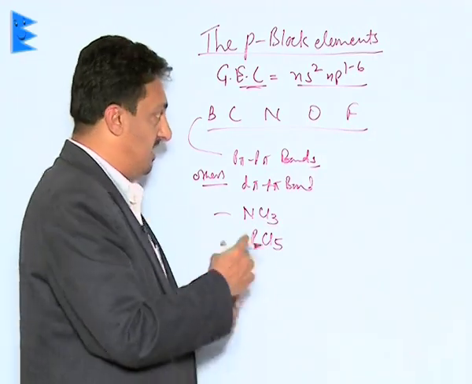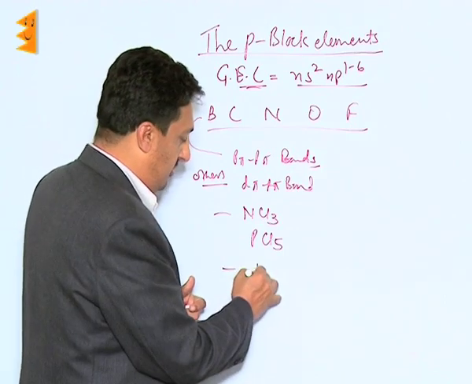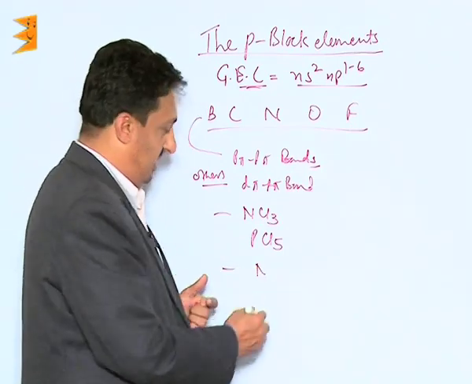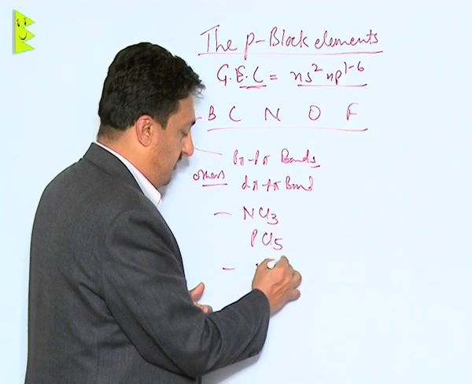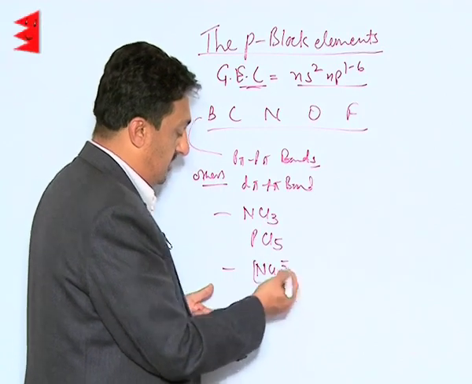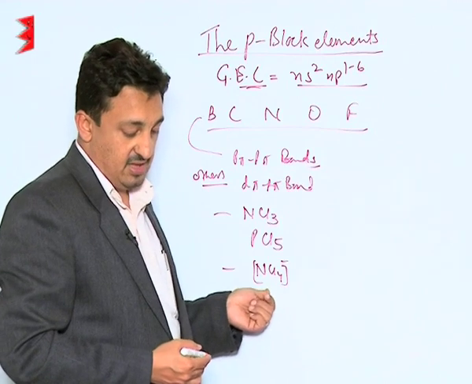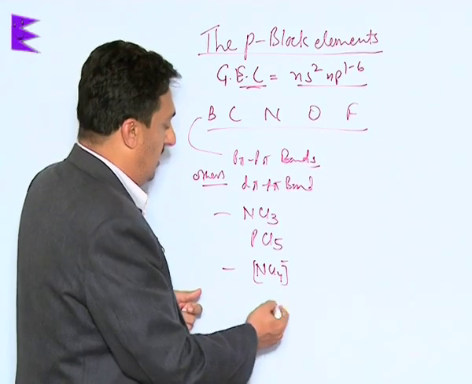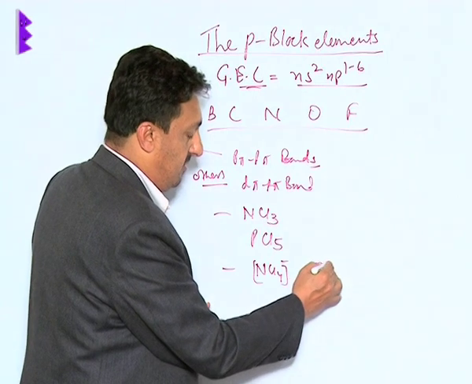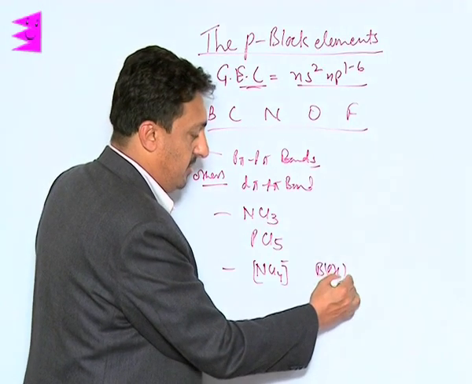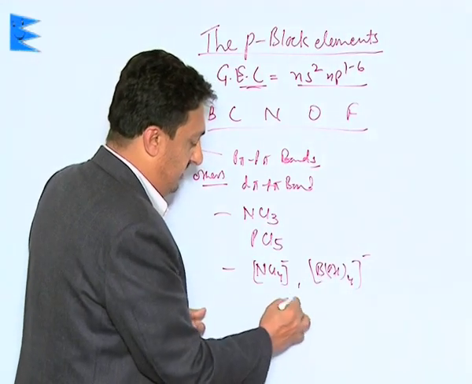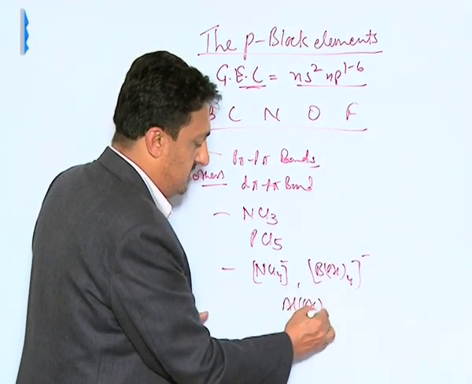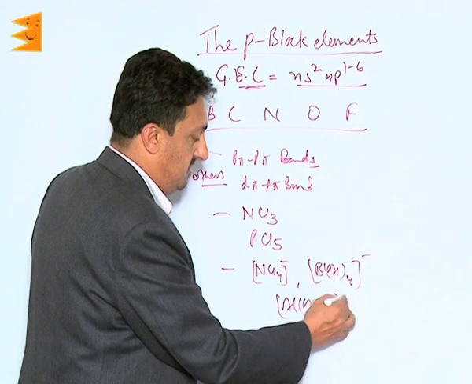Another interesting thing, if they are able to form complexes, they won't be able to go beyond 4. Like nitrogen, it can form NCl4 minus, and that is the maximum. They cannot go beyond this usually. Or if we take the example of boron, we need to know boron goes to B(OH)4 minus, but aluminium can go up to Al(OH)6 3 minus.